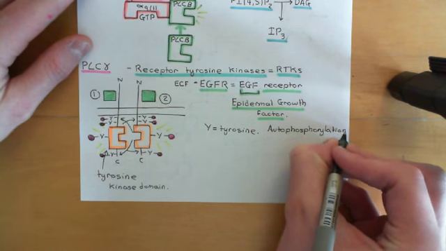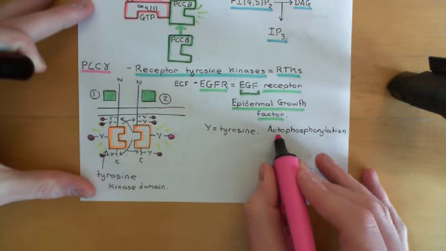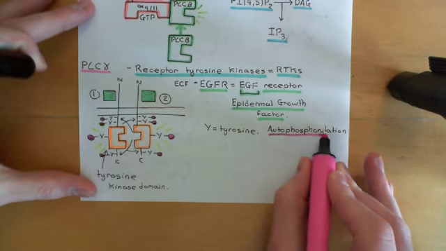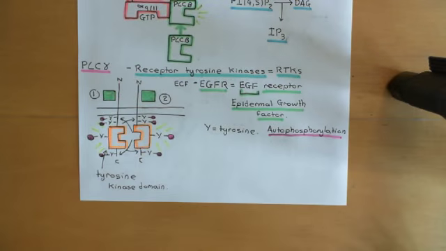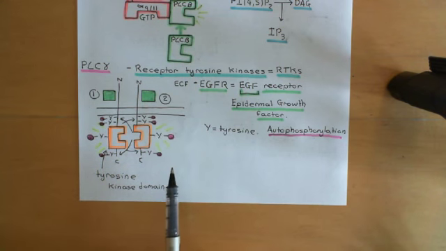Now auto means self. So this means self-phosphorylation, and you might be wondering, well, why is that self-phosphorylation? Because it's different receptor tyrosine kinases phosphorylating the other one, basically. But if you view the dimer as being one structure in its own right, and there is good reason for viewing it as one structure in its own right, because in the case of the insulin receptors and receptors similar to the insulin receptor, the receptor is pre-dimerized long before the ligand ever arrives.